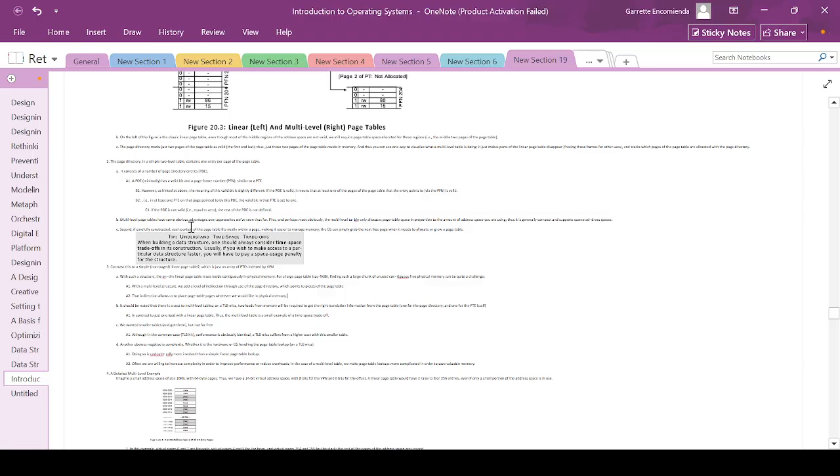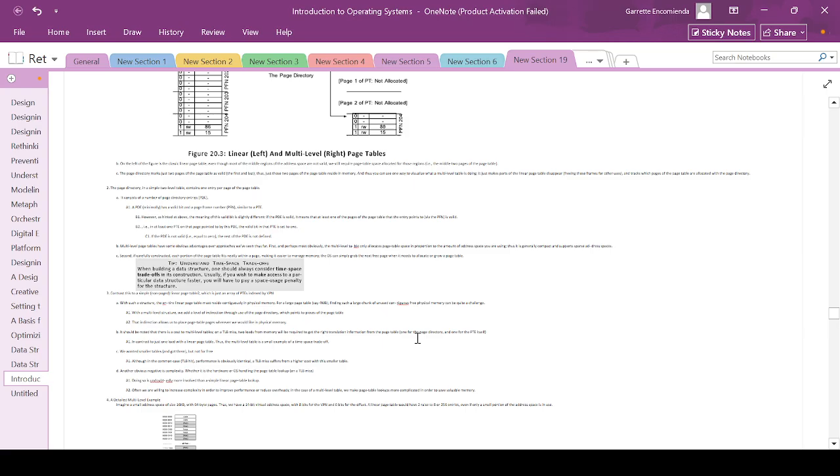Second, if carefully constructed, each portion of the page table fits neatly within a page, making it easier to manage memory. The OS can simply grab the next free page when it needs to allocate or grow a page table.